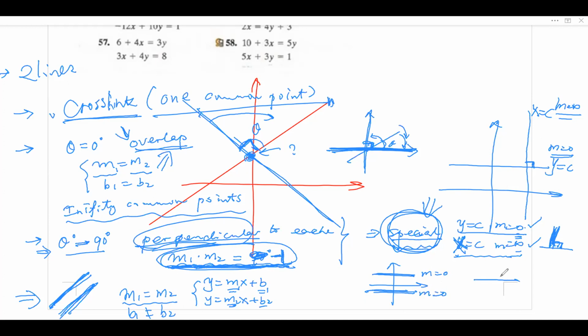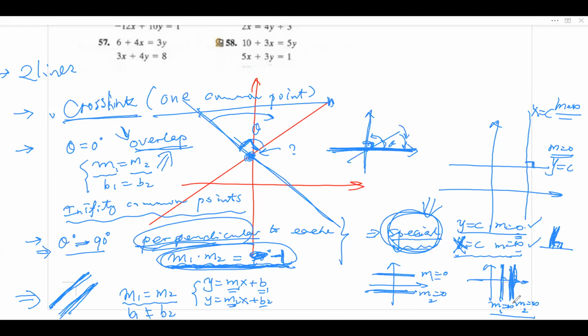And the other situation is if one of the lines is a vertical line. If another line is also parallel to this line, it must be vertical as well. Both slopes are infinity, so they are parallel to each other.